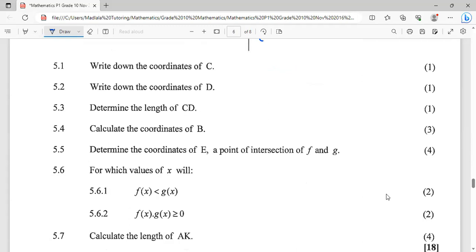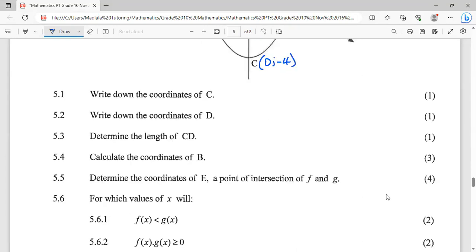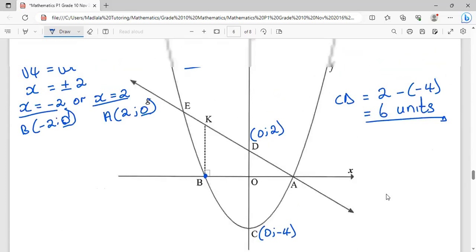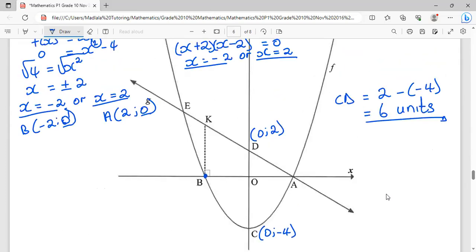So in English, we are saying we are looking for the values of x such that if you take the y value on f, you multiply it by the y value on g, then the product is going to be either equal to 0 or positive. That's the meaning.